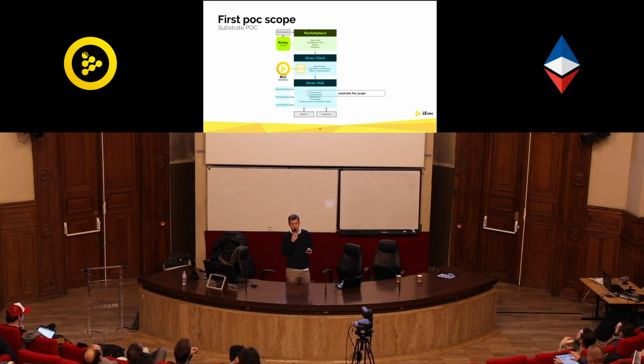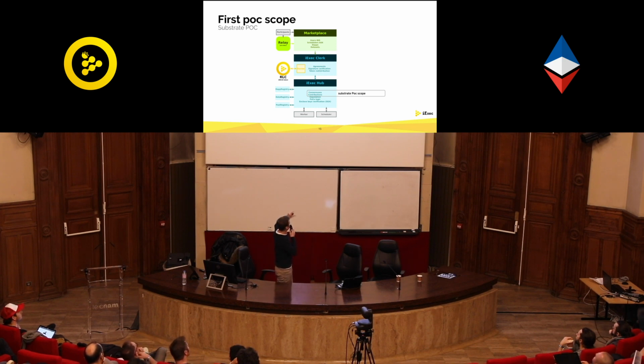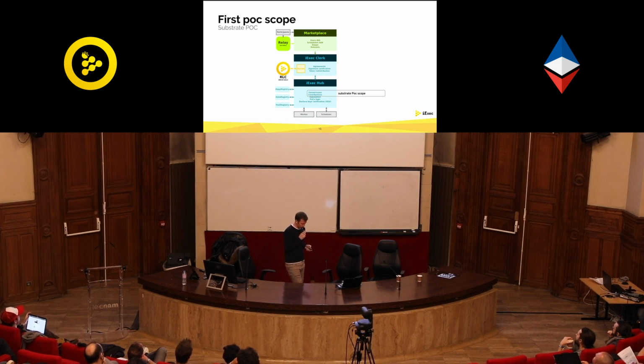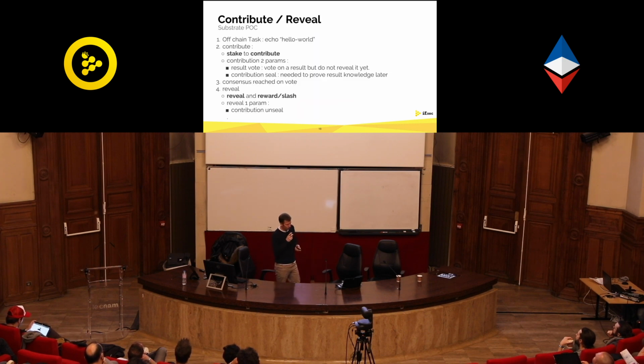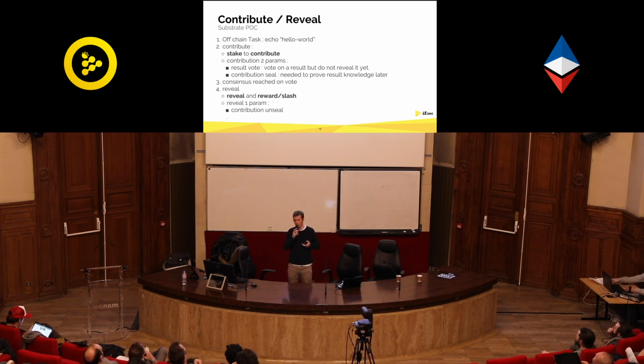So this is another graphic of the stack, and you will see that the PoC only covers the contribution part of the whole stack. So I will briefly introduce the contribution reveal schema to understand later what the PoC is about.